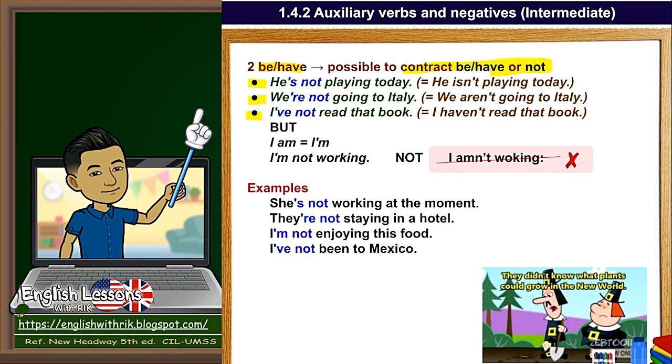But we only have one negative form for I am. We say, I'm not working. Here are some more examples. She's not working at the moment. They're not staying in a hotel. I'm not enjoying this food. I've not been to Mexico.